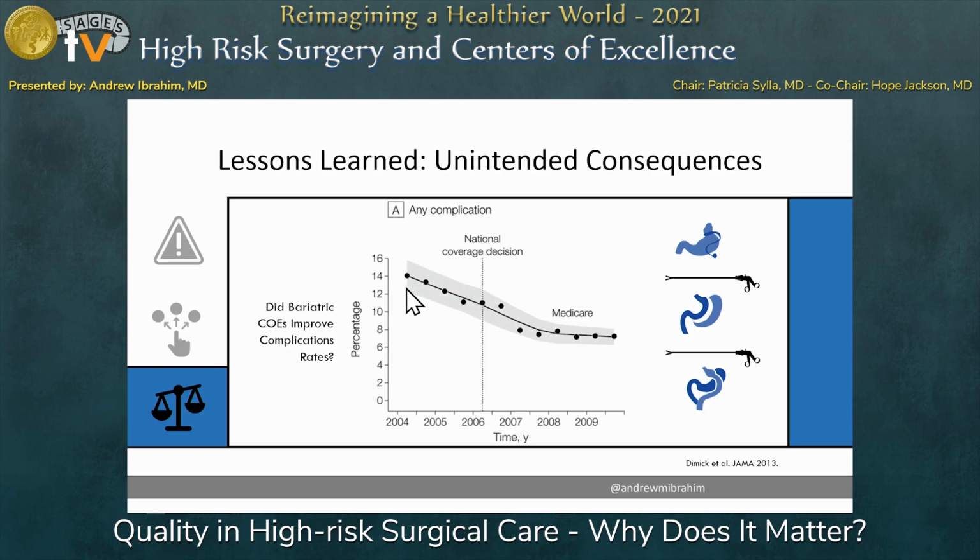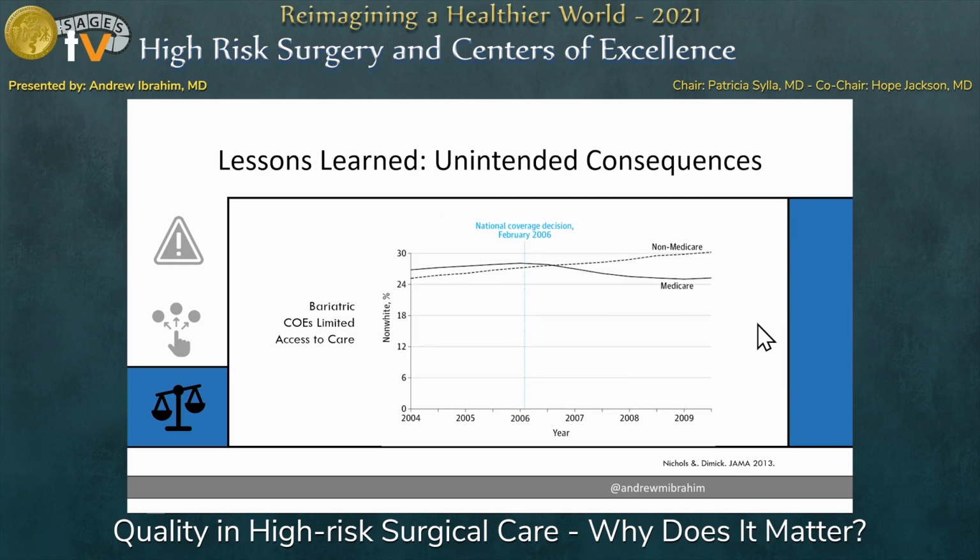And so if you just compared before and after, you may misleadingly think that the designation created a large difference, but actually the trend was in place long before the designation happened. Furthermore, when you start comparing it to non-Medicare patients or people not exposed to this center of excellence restriction, the difference between the two is almost a wash, and you realize that the center of excellence designation actually didn't impact the quality of care, and that was already improving on its own anyway.